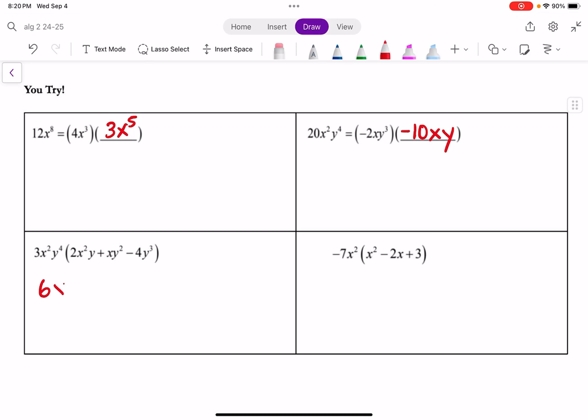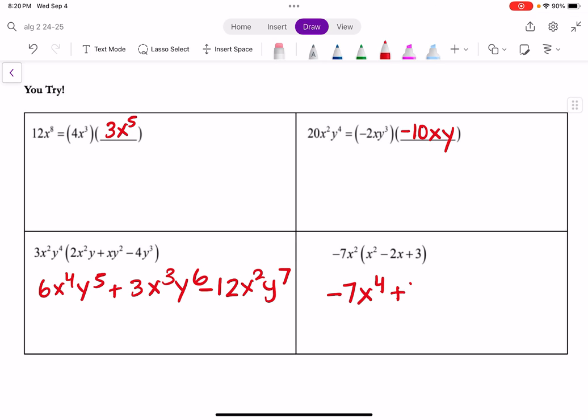This was 6x to the fourth, y to the fifth, plus 3x to the third, y to the sixth. Oh my goodness. Minus 12x squared, y to the seventh. Here we have negative 7x to the fourth plus 14x to the third minus 21x squared. If you are lost, ask someone. If you understand at this point, either get a paper copy or you can do it on the computer. Okay.